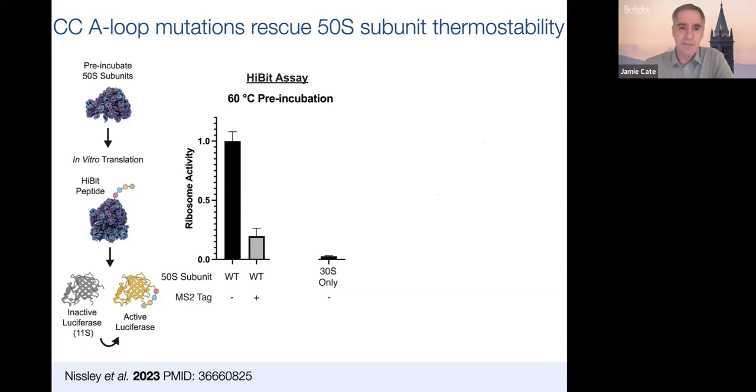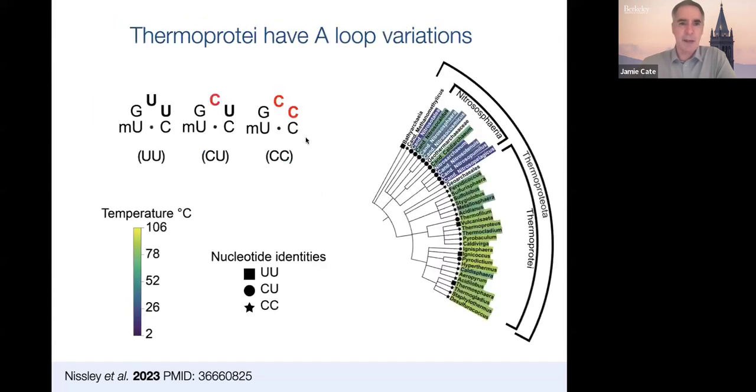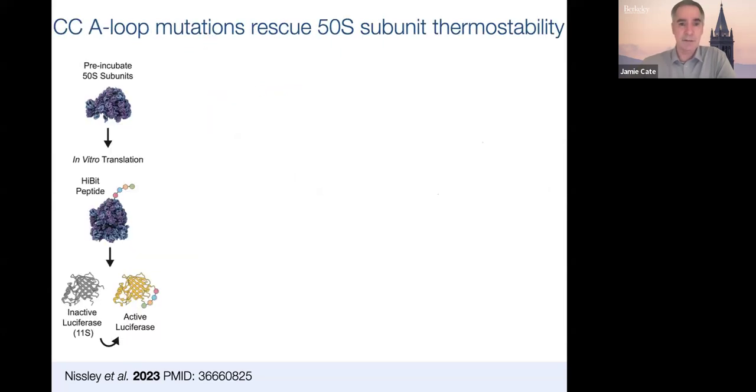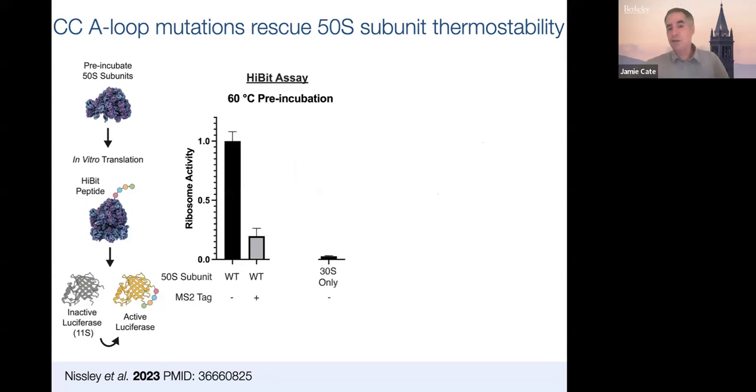But if you now substitute those U's for C's, you can recover that activity. So that really showed that we're able to get more thermostability by changing those U's to C's in the E. coli sequence. So changing 2 nucleotides in about 2,900 nucleotides gives us that effect.